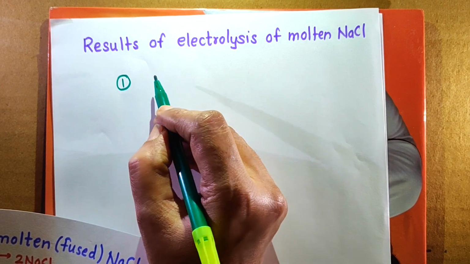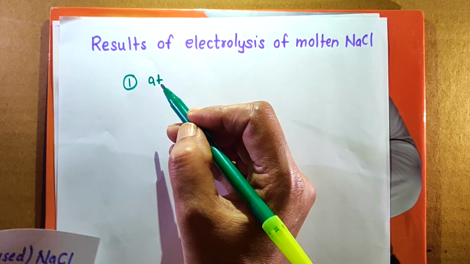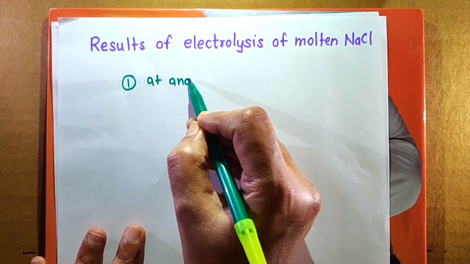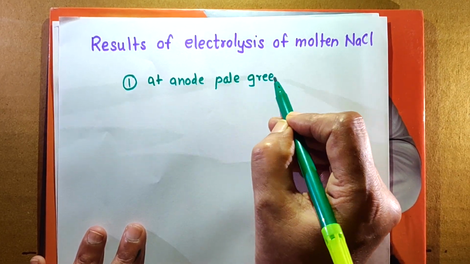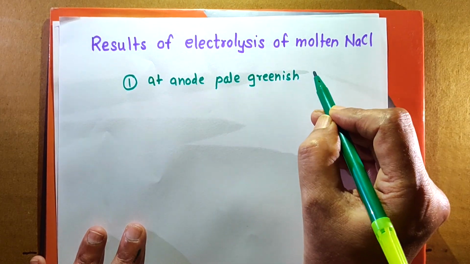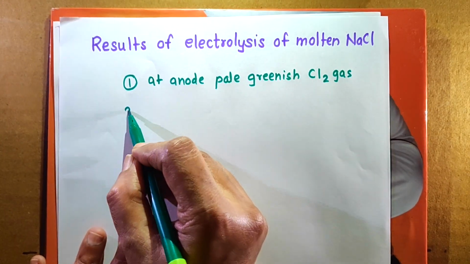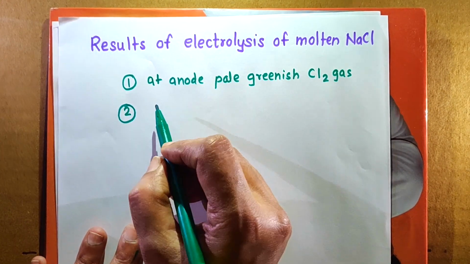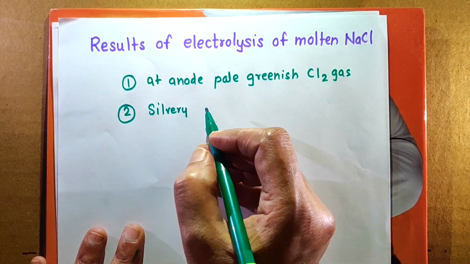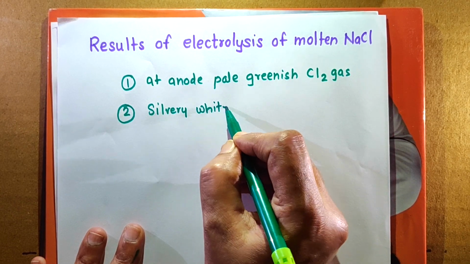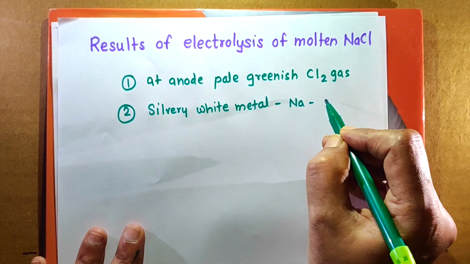So the results of electrolysis of molten NaCl: at the anode, pale greenish chlorine gas is obtained, and the second one is a silvery white metal, which is sodium, obtained at the cathode.